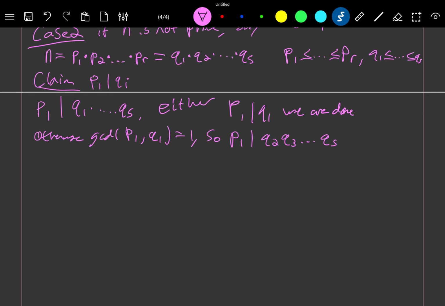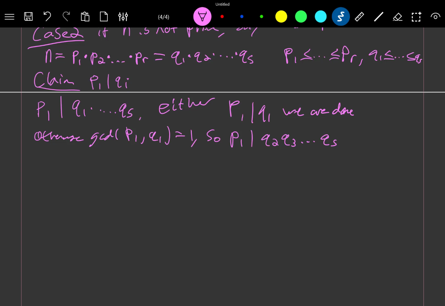And then if we induct on s, if the product on the right only has a single term, then we're done, because if p1 divides q1, then q1 divides p1, since they're both primes.